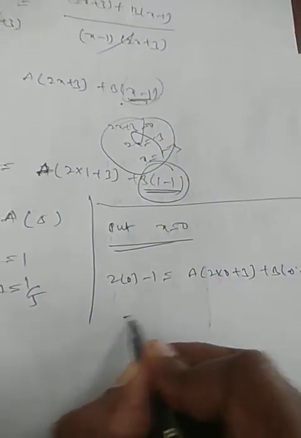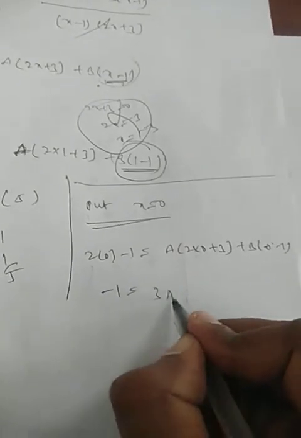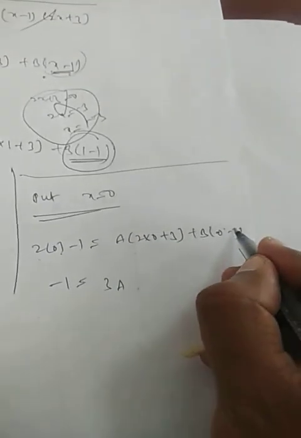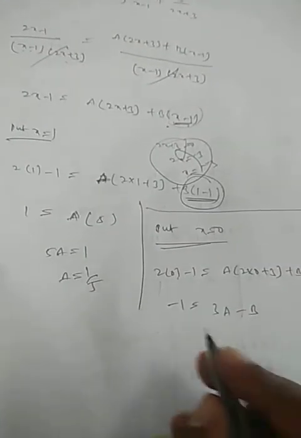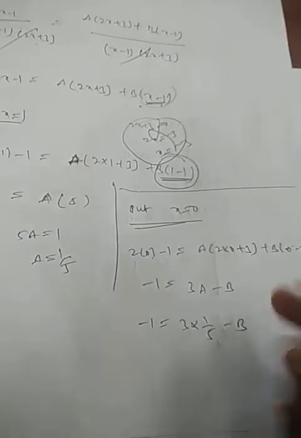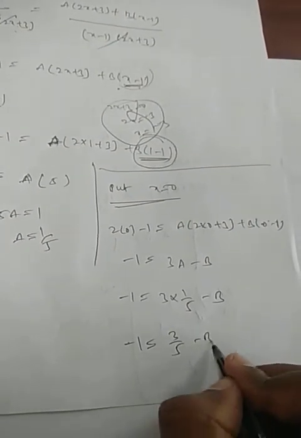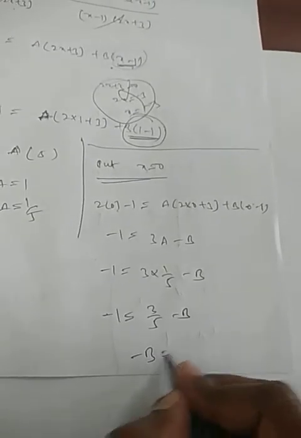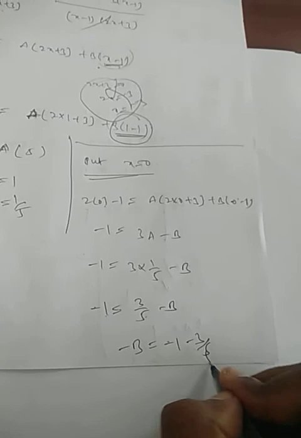So look at here, 2 into 0, 0, minus 1, and 3 into a, 3a, and this is going to be minus 1, this will be minus b. So what is the value of a? 1 by 5. Minus 1 is equal to 3 into 1 by 5, that will be 3 by 5, minus b. Now minus b is equal to minus 1 minus 3 by 5.